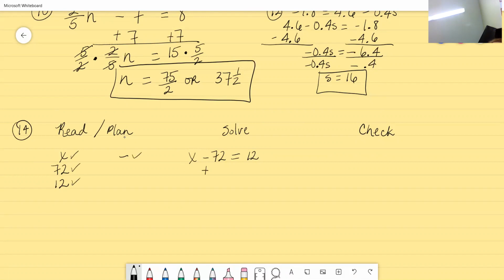All right, so add 72 to both sides. And you're left with x equals 84. Well, there we go.